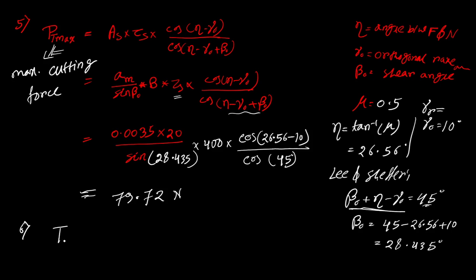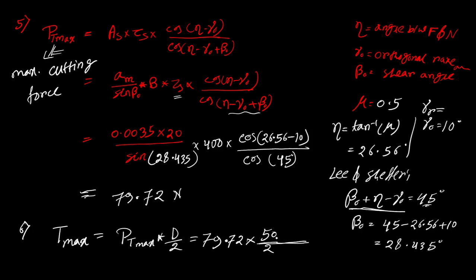Now the sixth question was the maximum torque. Simple thing. Let T represent the maximum torque. So maximum torque is our maximum force into diameter of the cutter by 2. We have this value as 79.72 and the cutter as 50 by 2, but this diameter unit is in millimeter. We have to convert it into meter.